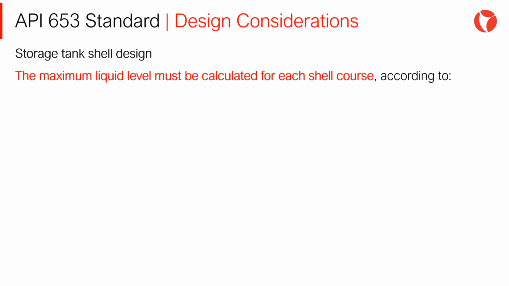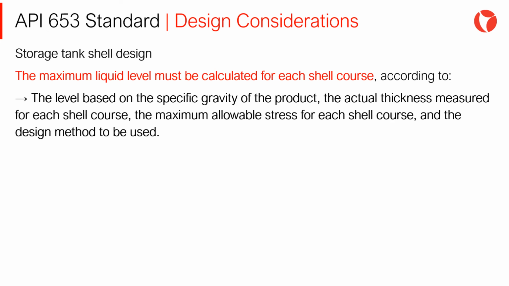The maximum liquid level must be calculated for each shell course according to the following: the level based on specific gravity of the product, the actual thickness measured for each shell course, the maximum allowable stress for each shell course, and the design method to be used.